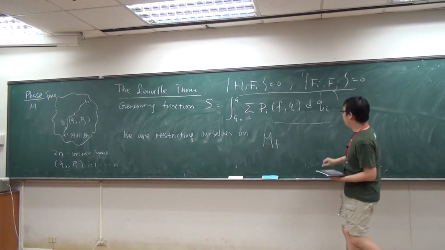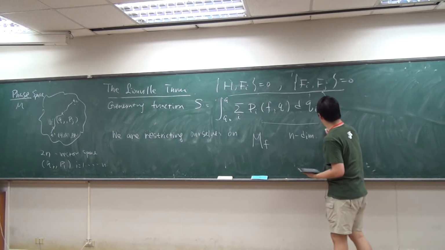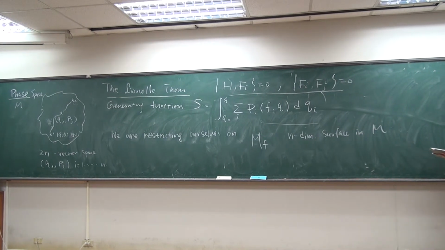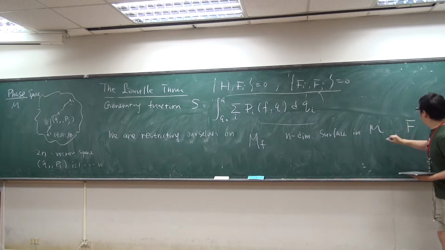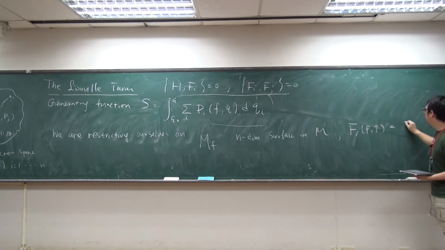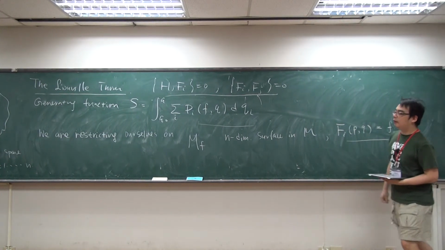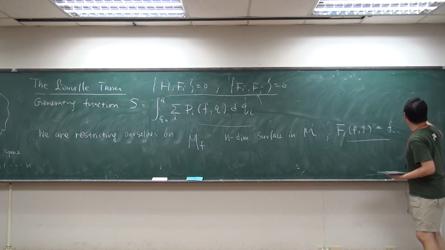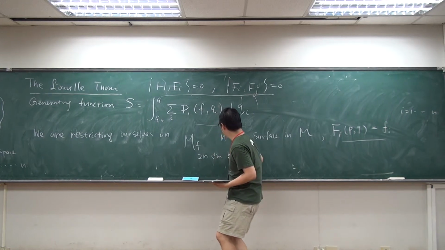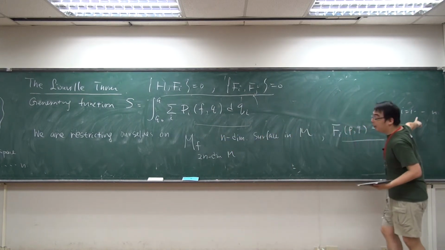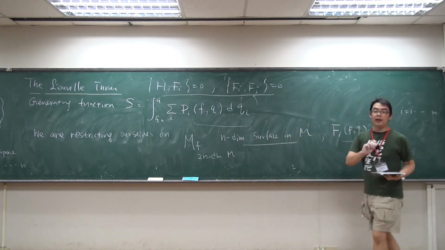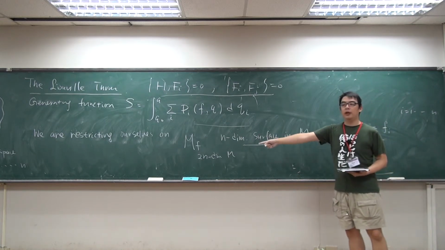And MF is simply an n-dimensional surface in the phase space M, given by the condition that Fi equals a constant, where i runs from 1 to n. So if we begin with the 2n-dimensional phase space M, putting n constraints in the 2n-dimensional space, you end up with an n-dimensional surface, which I call MF.